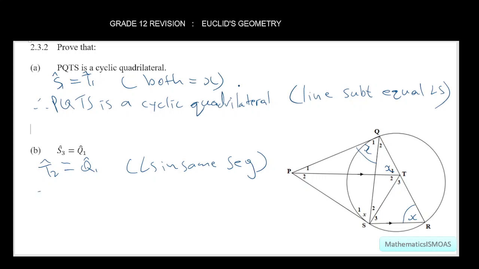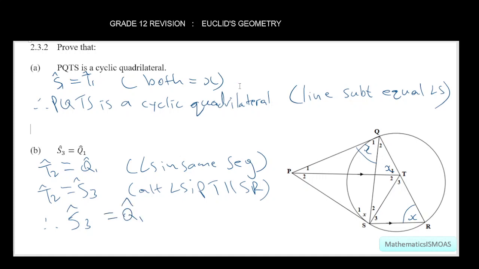But now we know that angle T2 is also equal to angle S3. The reason for that, these are alternating angles because PT is parallel to SR. Therefore, since T2 is equal to Q1 and T2 is equal to S3, this makes angle S3 equal to angle Q1. Alright, we are now done with question 2.3.